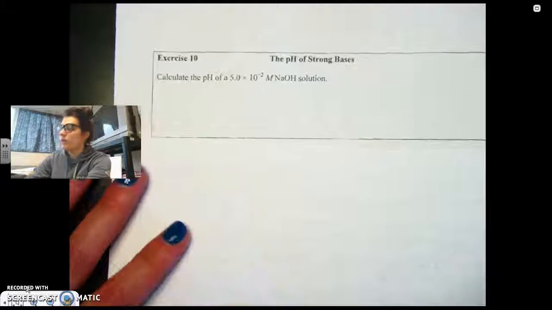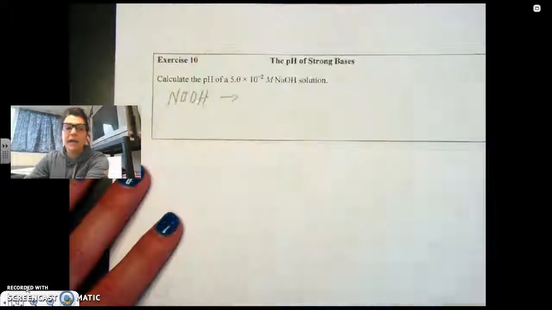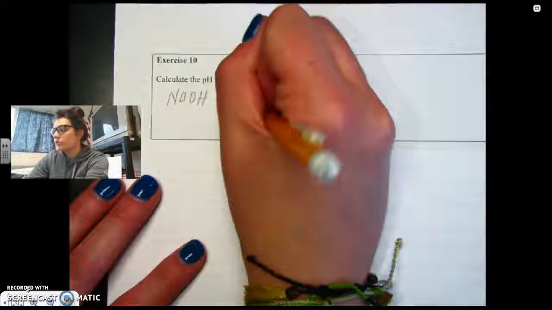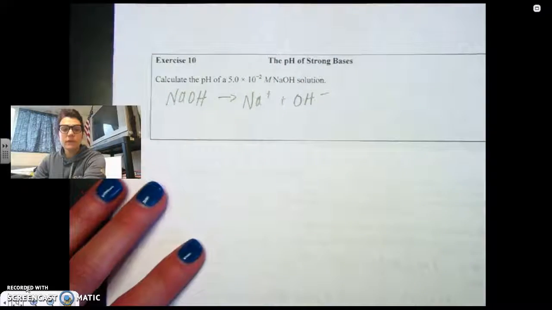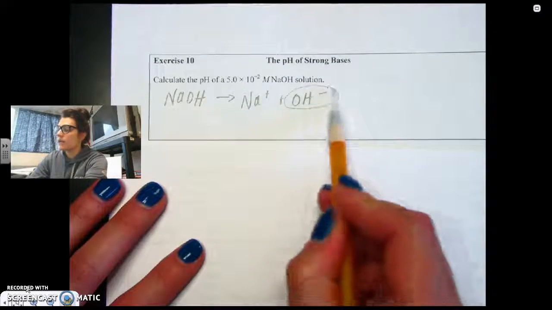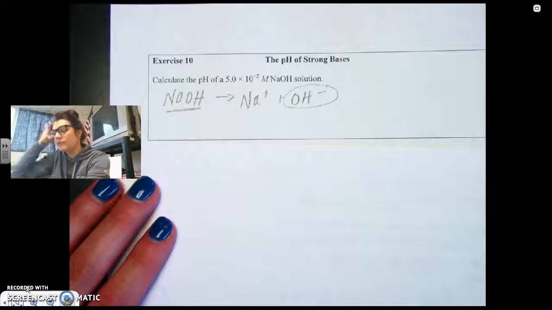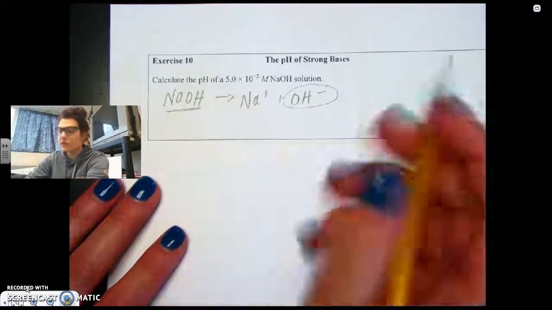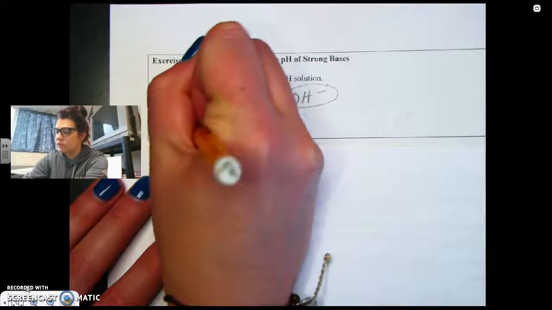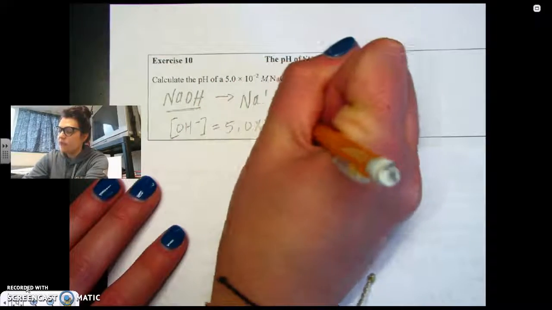For example, sodium hydroxide will completely ionize into the sodium ion plus the hydroxide ion. So since it gives me the hydroxide ion, that means that if I'm starting with a sodium hydroxide solution of 5 times 10 to the negative 2, that also means the OH concentration is 5.0 times 10 to the negative 2.